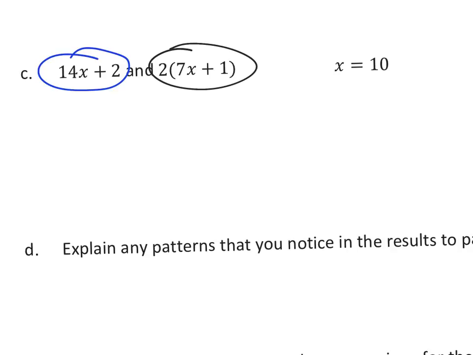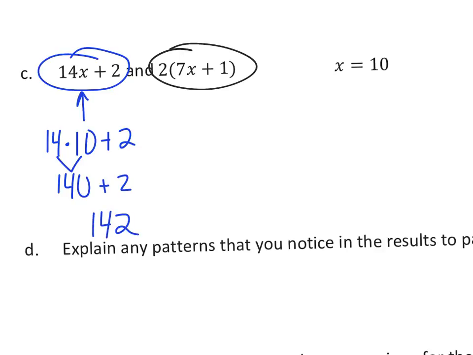So let's go ahead and, in the blue, plug in the 10 right here on this one. So this would be 14 times 10 plus 2, which of course is 140, plus 2, which of course is 142. And then in black over here, let's do this one. So we have 2 times 7 times 10 plus 1 in parentheses.